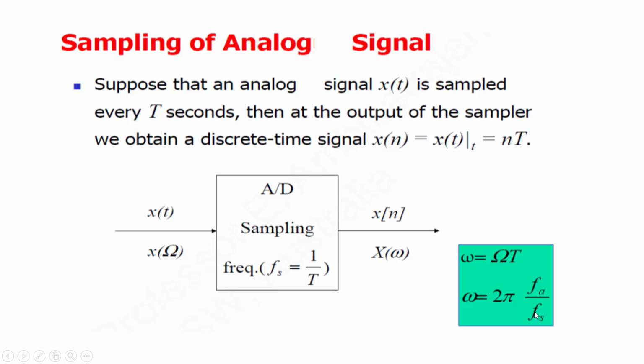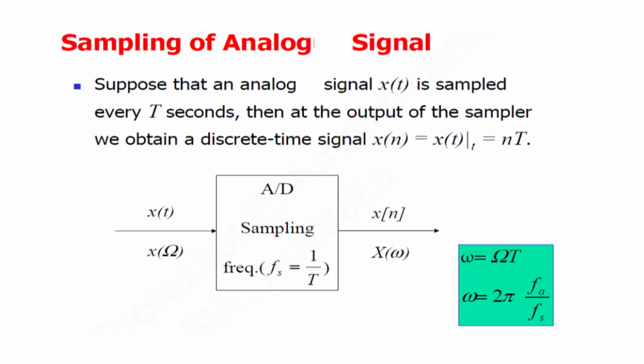Very important point which will be used throughout your DSP course. Please remember, once again I am repeating, this small omega is the digital frequency, capital omega is the analog frequency. It is 2 pi Fa, where Fa is the analog frequency divided by the sampling frequency of the A to D converter.